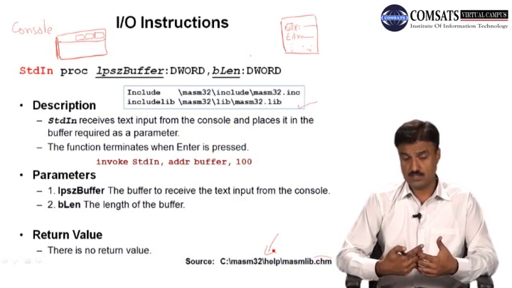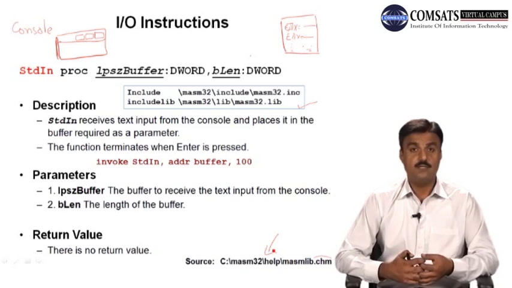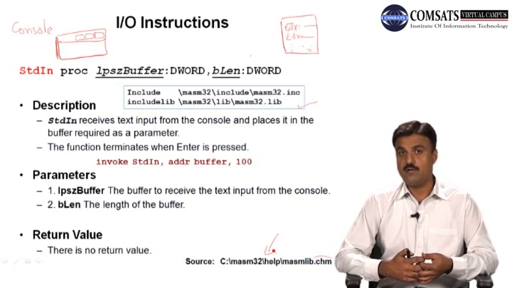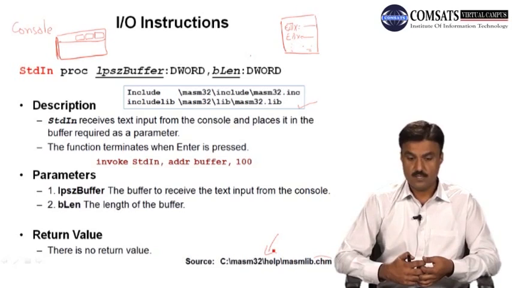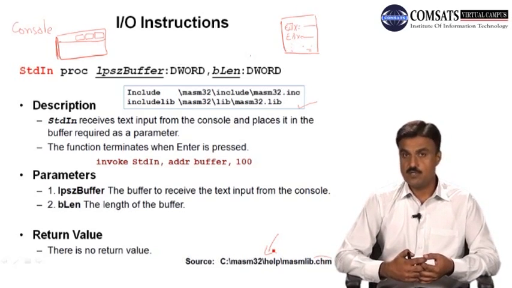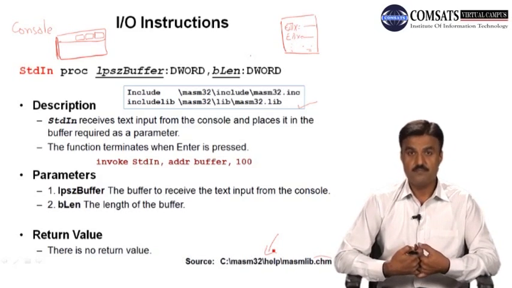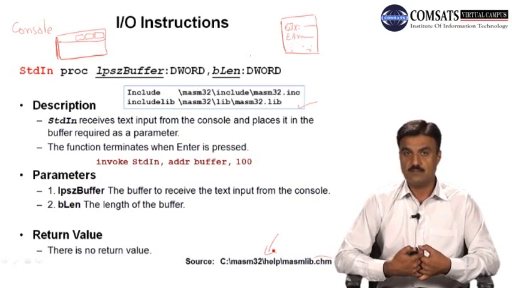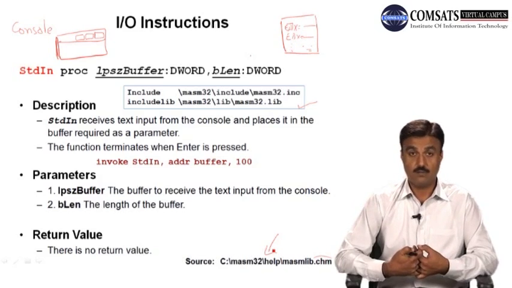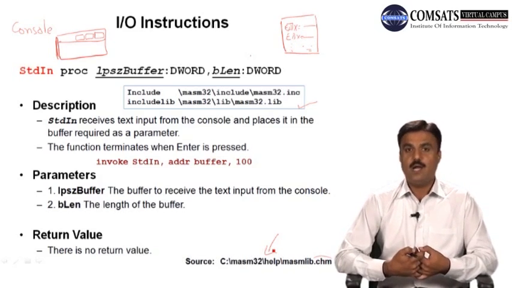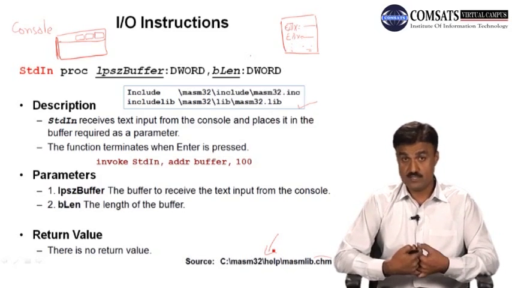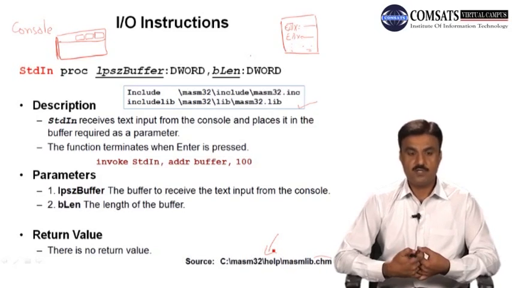The first instruction we are going to discuss is stdin, the standard input. This instruction will get input from the standard input device. The standard input device is the keyboard, and the standard output device where our information will be forwarded is the monitor.